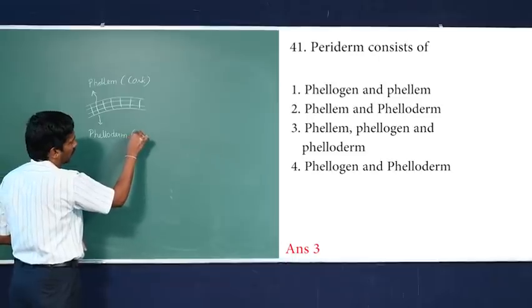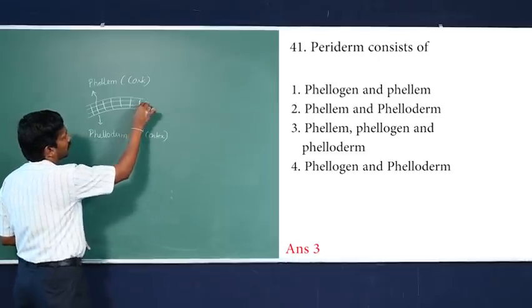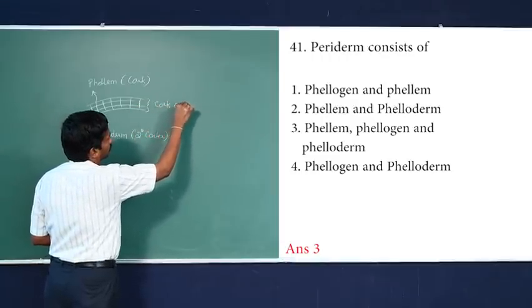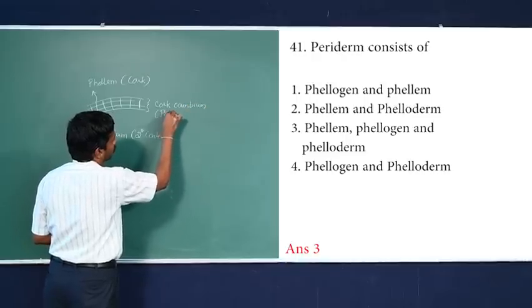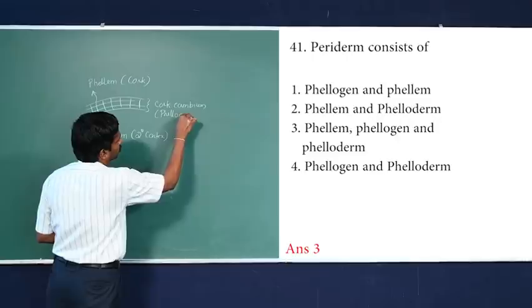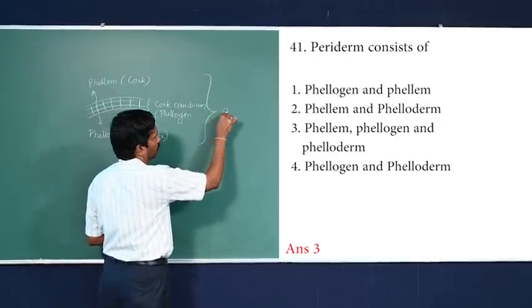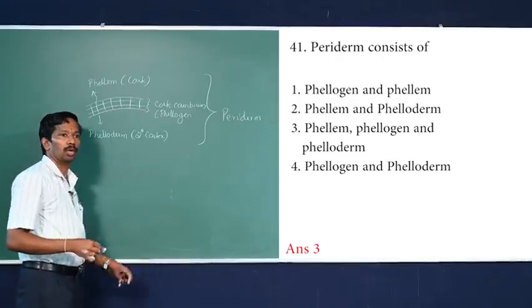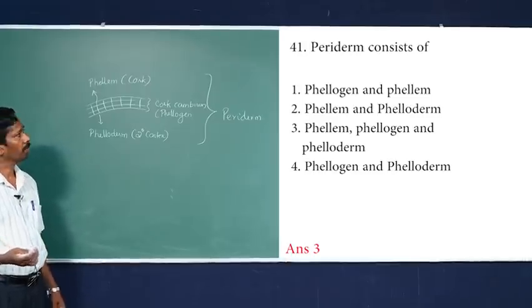It is also called secondary cortex, and this cork cambium, also known as phellogen, forms secondary tissues in the extrastellar region, together called periderm. So answer should be option 3, phellem, phellogen and phelloderm.